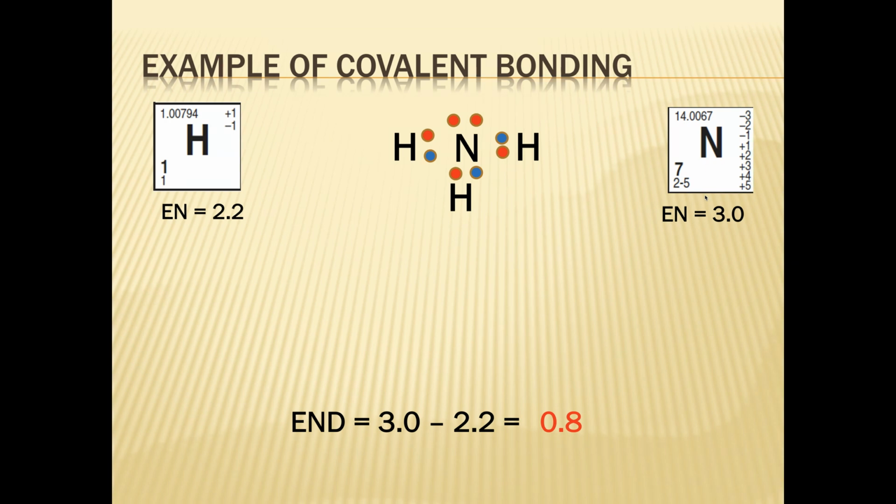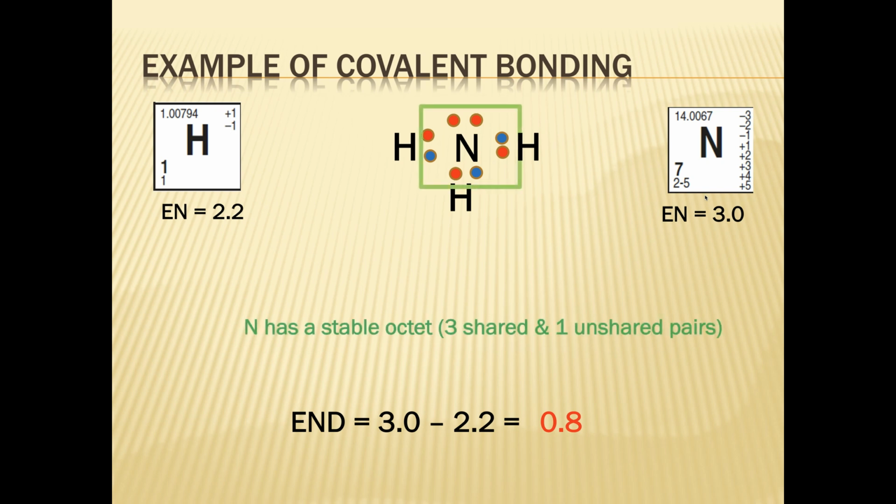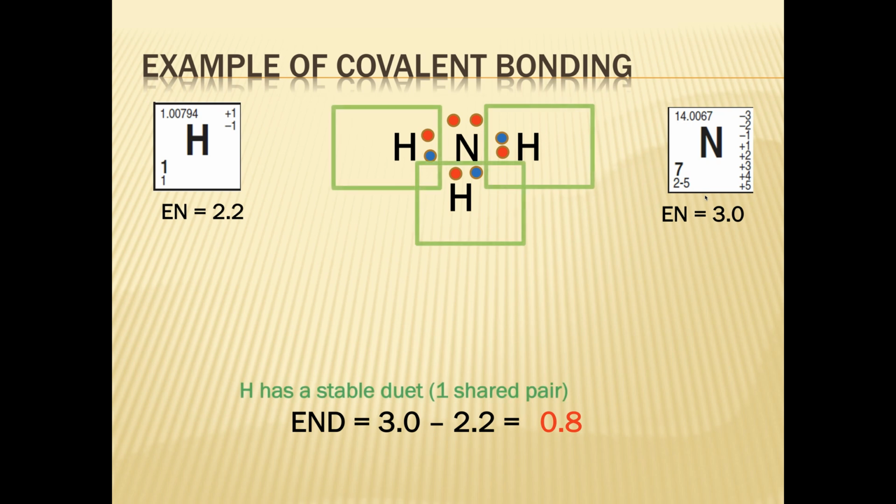And once the unpaired valence electrons pair up, you'll form covalent bonds. It's kind of like a handshake. A handshake requires each person to kick in a hand to the handshake. Nitrogen has a stable octet thanks to the shared electrons, and hydrogen has a stable duet for the same reason.